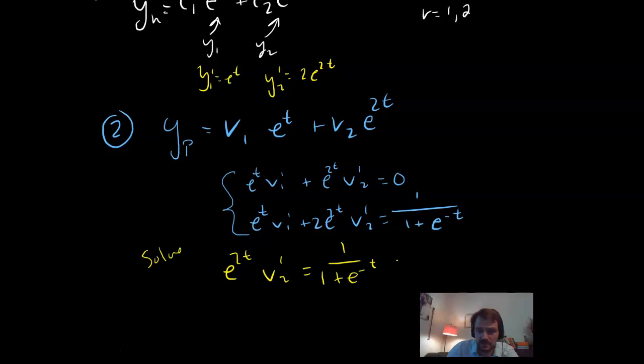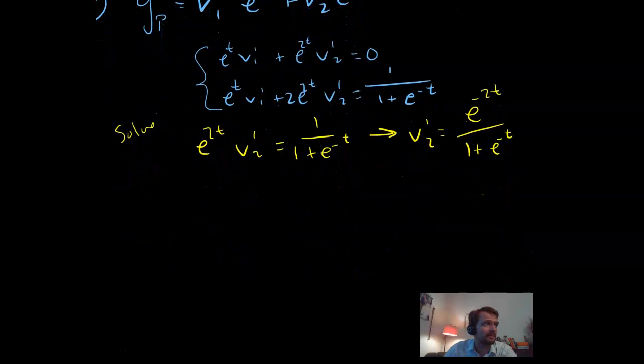Great, so this is pretty quick, and tells me that v2 prime is equal to e to the negative 2t divided by 1 plus e to the negative t.